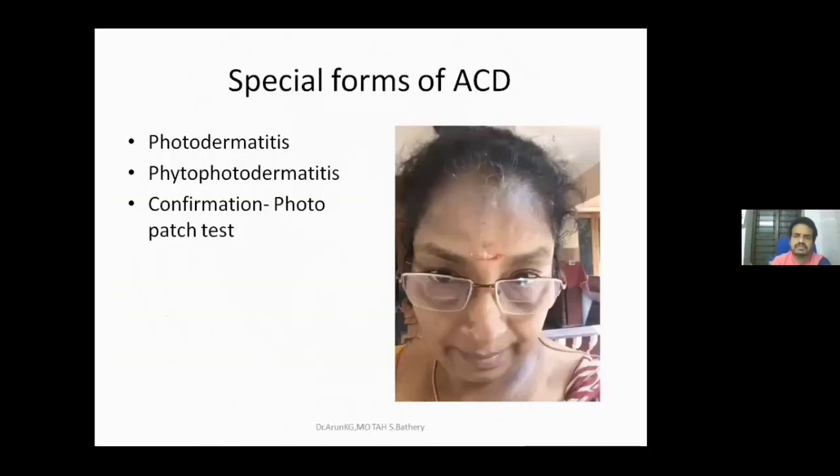And special forms of allergic contact dermatitis are there. This picture is a photodermatitis case, and phytophotodermatitis is also there. Okay, this one is phytophotodermatitis, not photodermatitis. The difference between phytophotodermatitis and photodermatitis is that in phytophotodermatitis there will be Parthenium allergy.